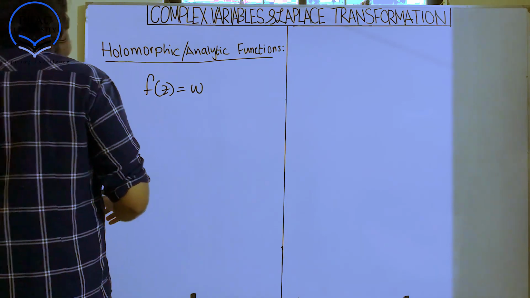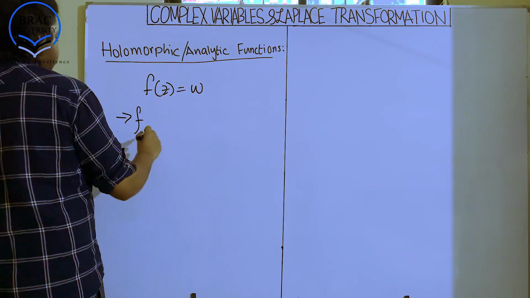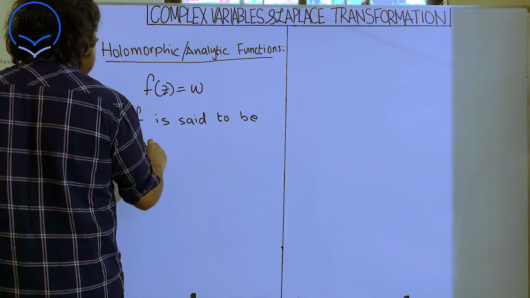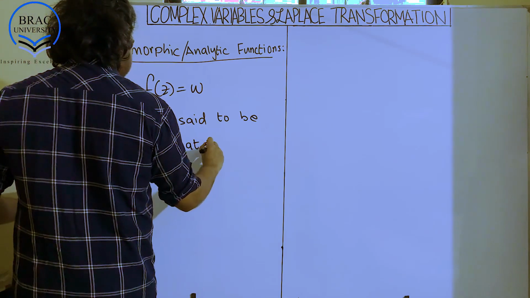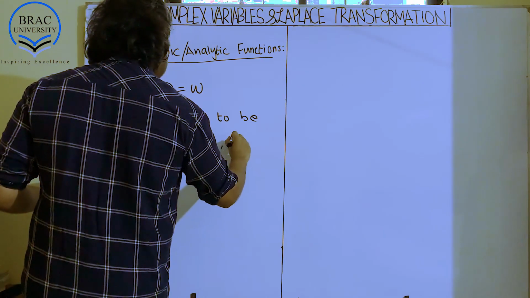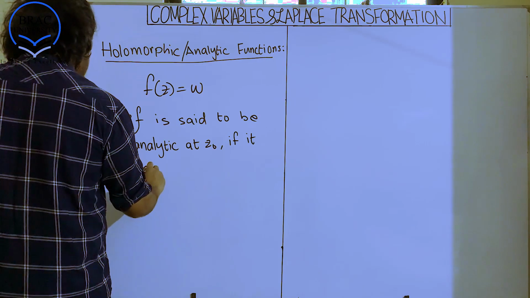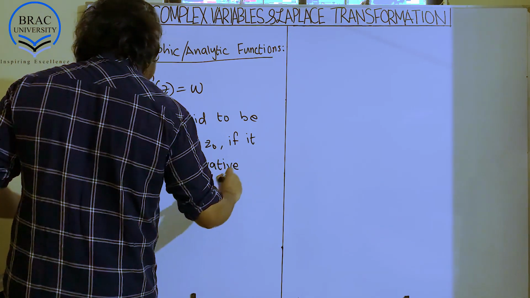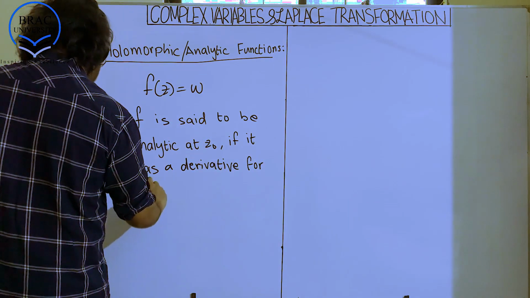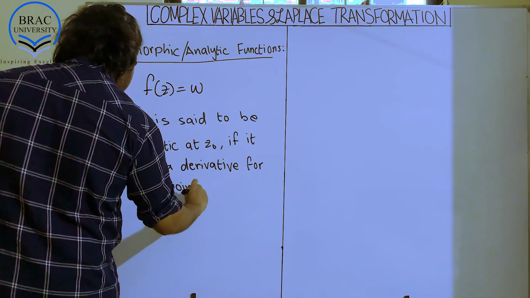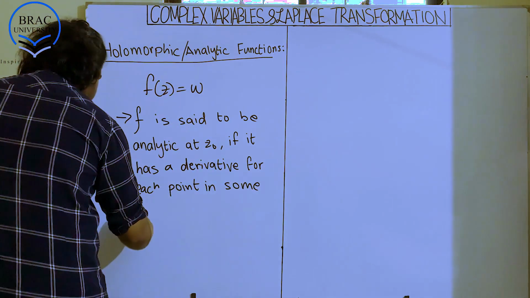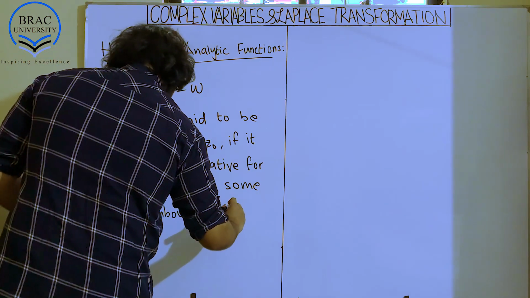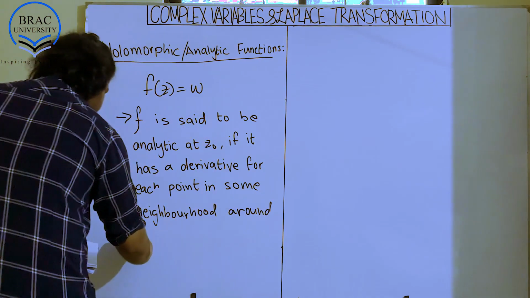Now, a function f is said to be analytic at z0 if it has a derivative for each point in some neighborhood around z0.